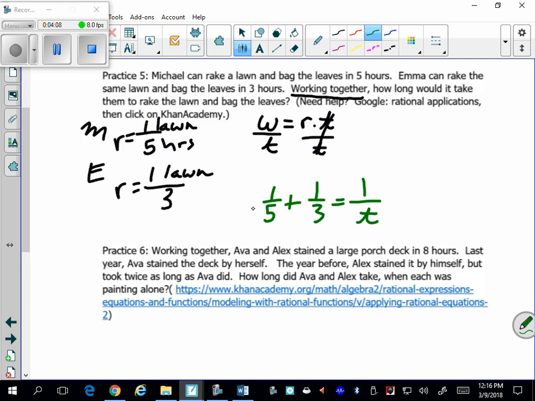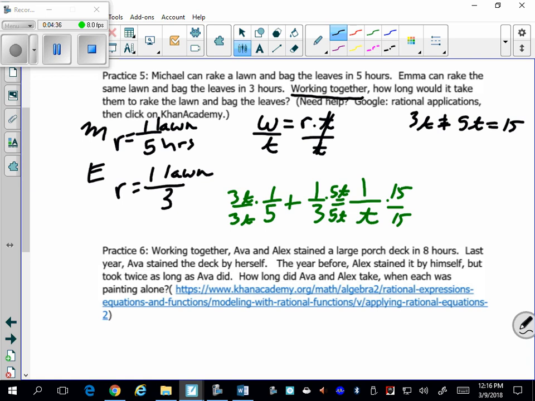Getting like denominators, multiply by 3t on the left, multiply by 5t in the middle, and 15 on the far right. 3t plus 5t equals 15.